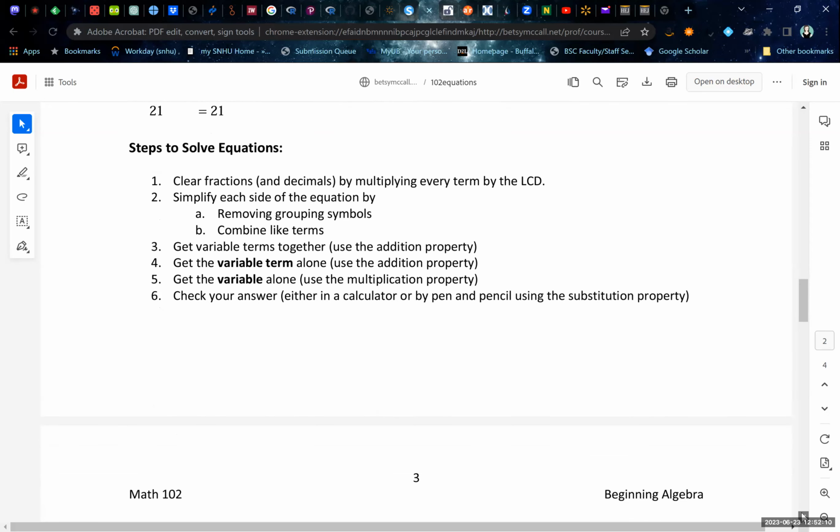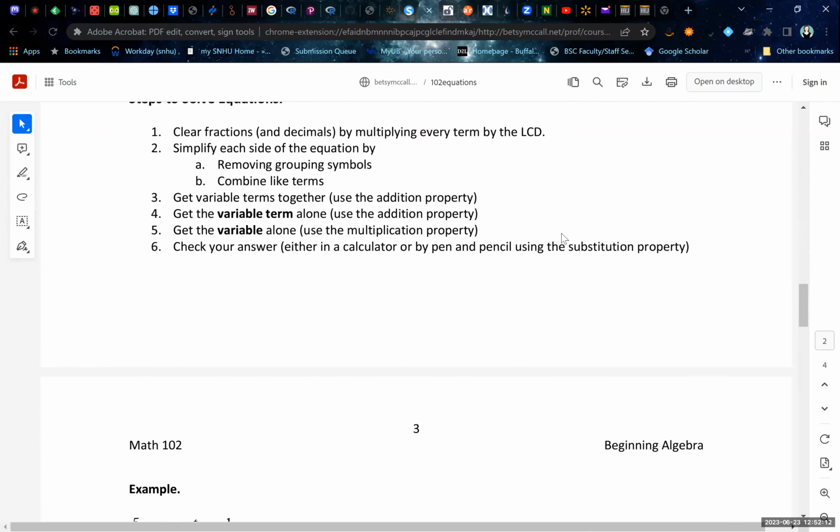Now, steps to solve equations. Generally, if you don't have any fractions, you can jump ahead. But if you're dealing with a problem that involves fractions, which is the example we're about to do, you generally want to clear any fractions or decimals, particularly fractions, because whole numbers are much easier to work with.